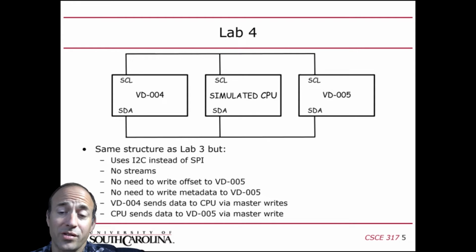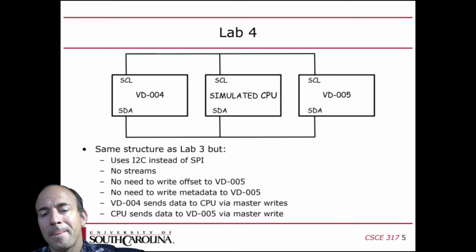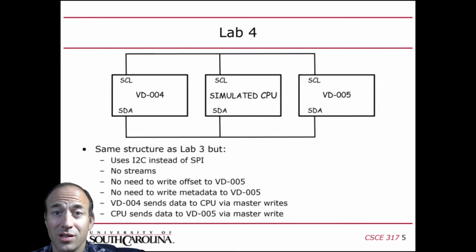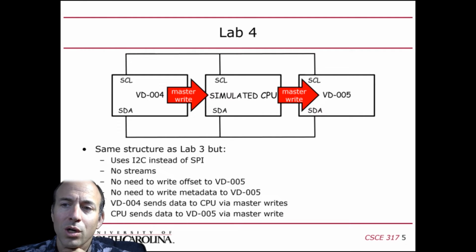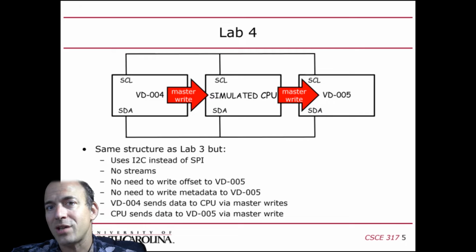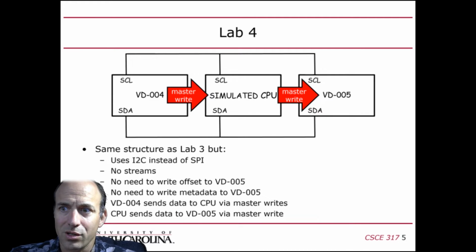Okay, and then the CPU will write the sensor data that it receives from the sensor to the storage device using a master write. So in other words, the CPU will act as a slave when it receives the sensor data, but it will act as the master when it writes the sensor data to the storage device.